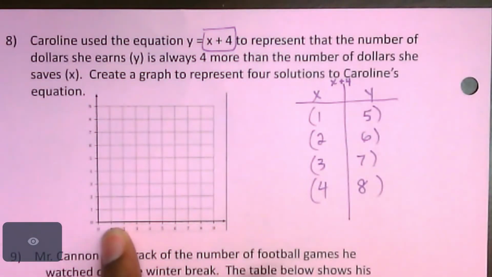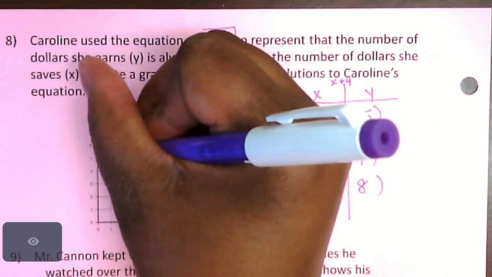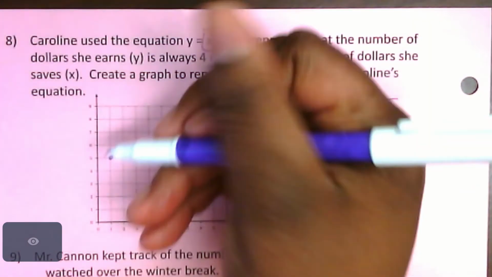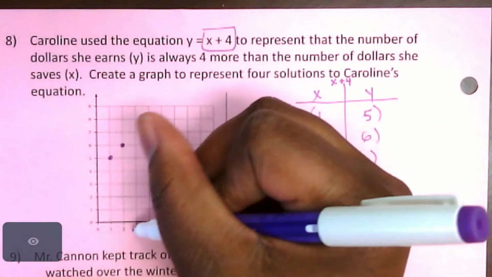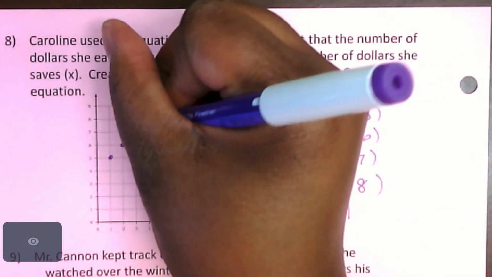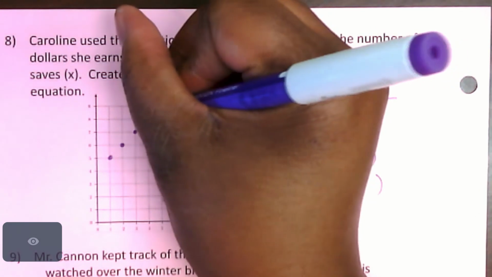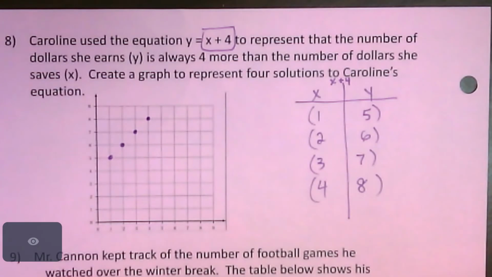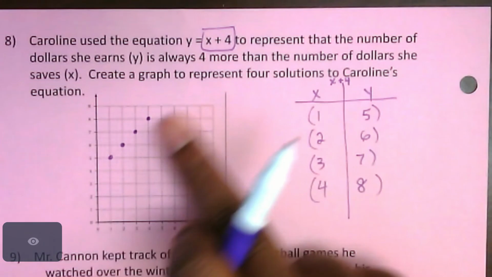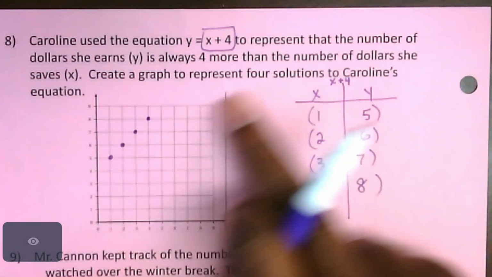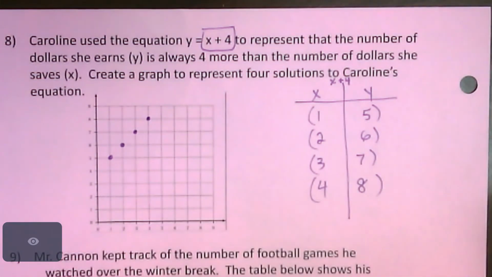So over to 1 and up to 5, over to 2 and up to 6, over to 3 and up to 7, and then over to 4 and up to 8. And now we have created a graph with the 4 solutions to Caroline's equation.